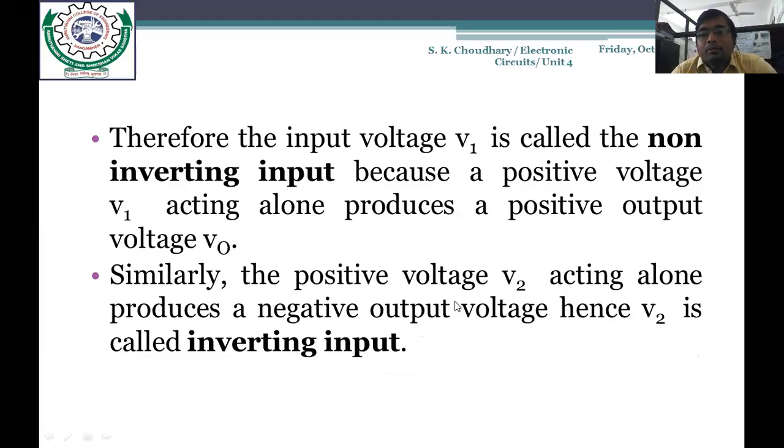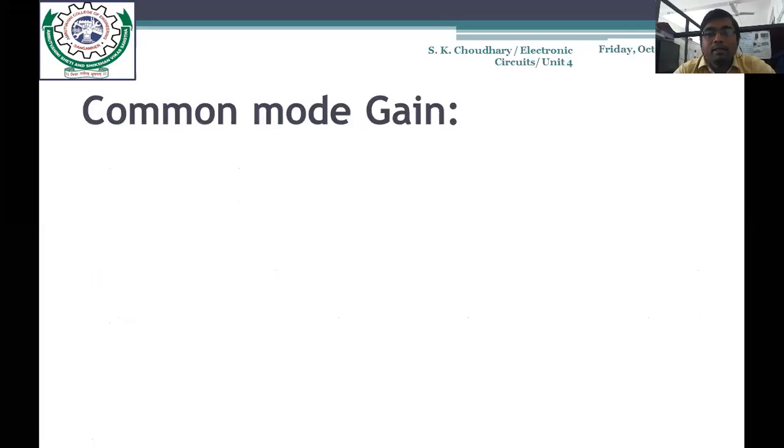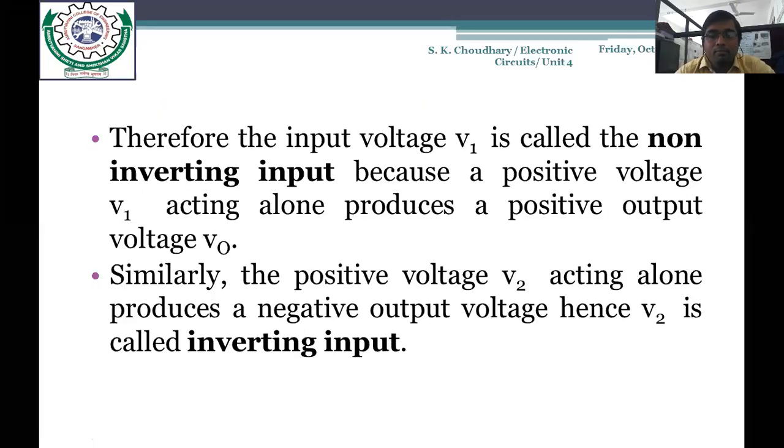So we can say V2 is an inverting input. In this way we can categorize the non-inverting input and inverting input from the same configuration of the differential amplifier.